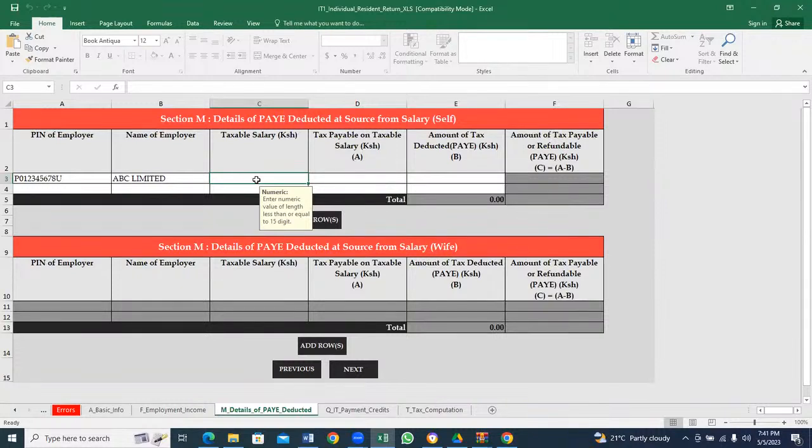So 1080 times 12 gives 12,960. So 240,000 minus 12,960, unapata pesa ngapi? 227,040, right? 227,040. Thank you.